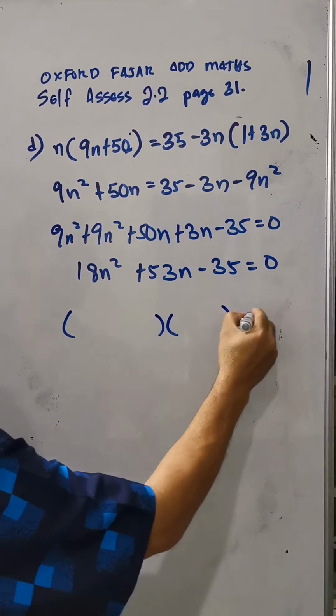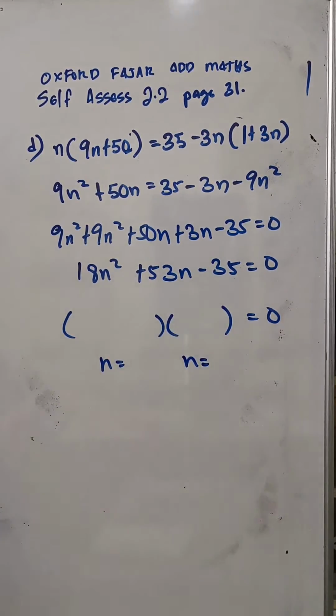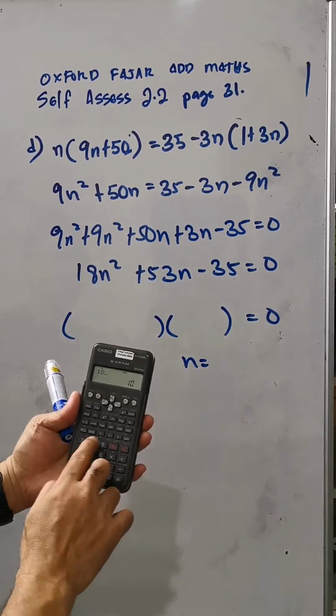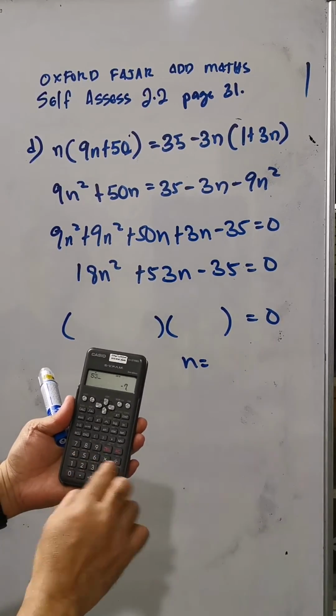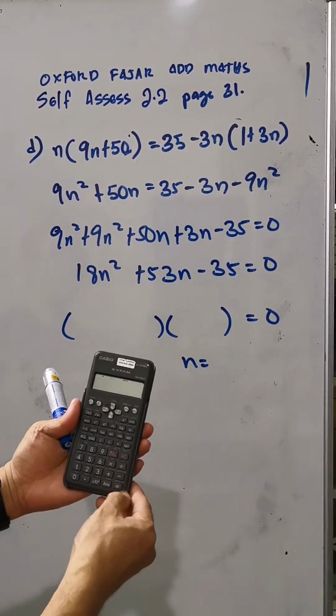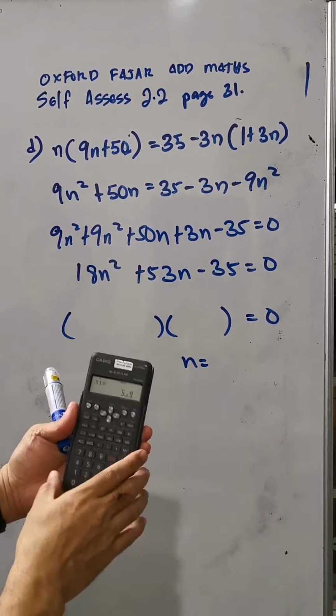Put two brackets here and write down n and the second n. Using the calculator again, A will be 18 this time, B will be 53, and C will be negative 35. You have 0.55, which is actually 5/9.